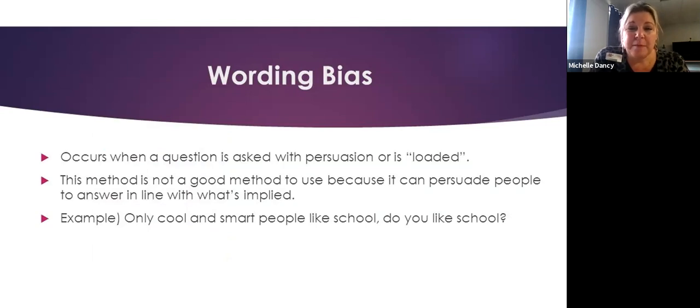So there can be wording bias, the way the question is asked. There can be bias in how the questions are arranged. One method over another method of collecting data could be used to persuade people to actually answer the questions.